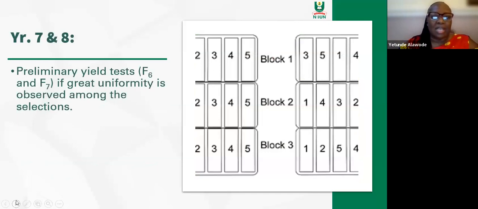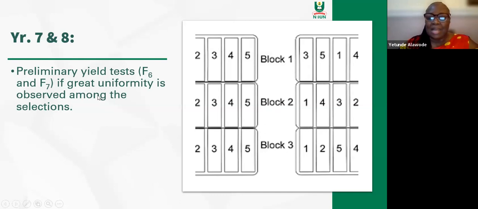Then year 7 and 8, you perform what is called a preliminary yield test. Okay, you plant according to your blocks. You plant them as if you are planting experimental plots. So year 7 now you have F6 and F7.